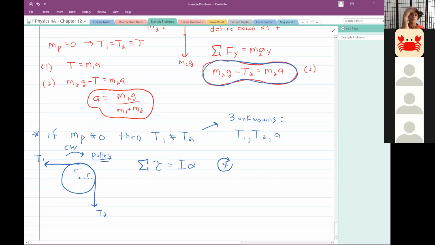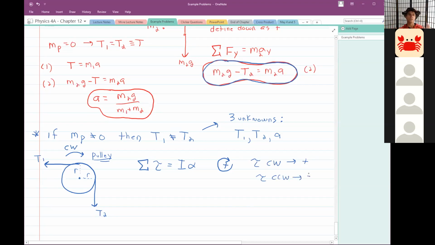Usually things moving counterclockwise are positive, the angles, the angular velocity, and so on, and torques producing a counterclockwise rotation are considered positive. But since my entire system is accelerating in the opposite direction, I'm going to change my definition of positive, which now means that any torque that produces a clockwise rotation is considered positive, and any torque that produces a counterclockwise rotation is considered negative.